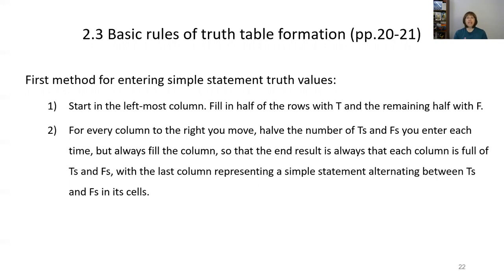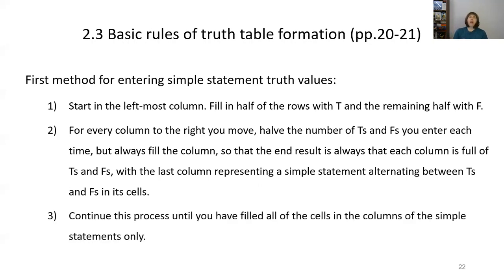We start at the left with a simple statement column, then move over through the simple statement columns. Eventually we hit the last one before we hit complex statements. The very last one is always going to alternate true and false. We continue the process outlined in step 2 until we're done filling in all the simple statement columns.